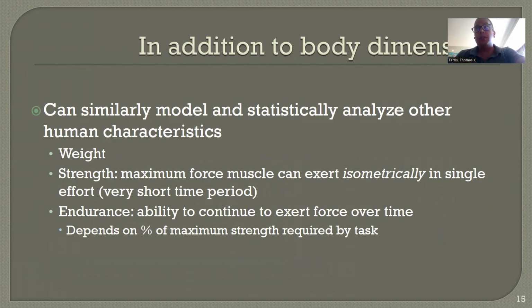You saw in the 1472G that they reported the weights for the 5th and 95th percentile of men and women. And then also you can look at physical capabilities like strength, force output for a muscle system. And so they'll follow a similar sort of statistical pattern. If you have a similar mean and standard deviation, you can do similar sorts of calculations here.